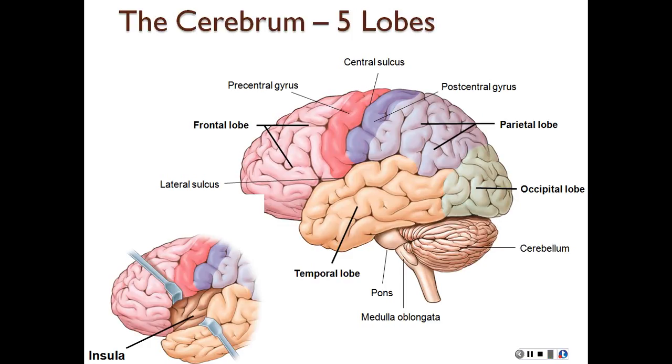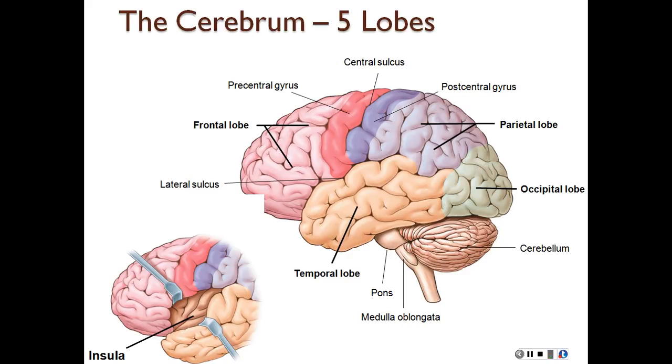All right, so this should be pretty familiar to you all. One of the things I want you all to take notice of here, though, while we're here, are some landmarks that we'll talk about throughout this chapter. One being the central sulcus, and the central sulcus is an important landmark because it what? Divides the frontal lobe from the parietal lobe.